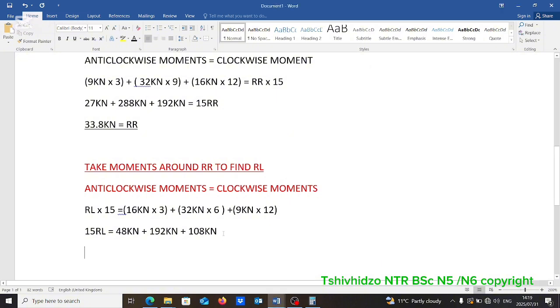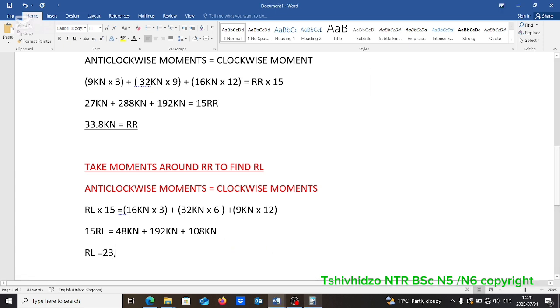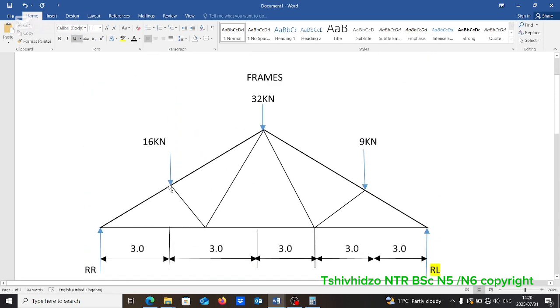Our RL equals 23.2 kilonewton. Let me check again. This is our RL, but we have to check. Upwards force must equal downwards force.